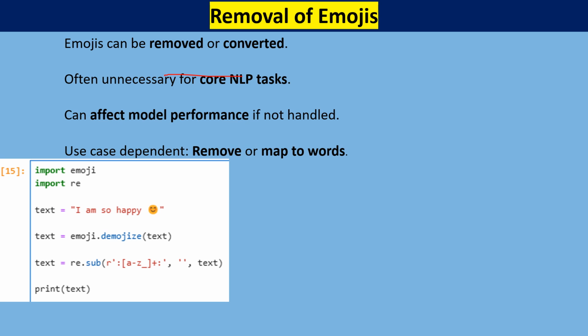In this example, first we convert emojis into descriptive forms, like smiling face with smiling eyes. Then we use a regular expression to remove those emoji words from the text.